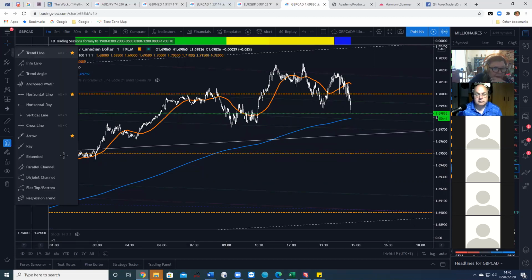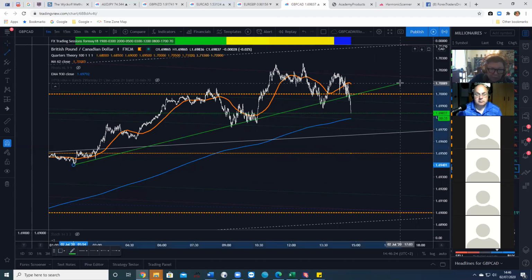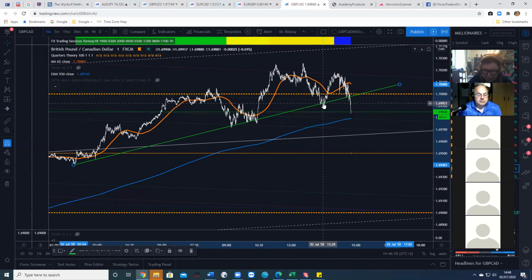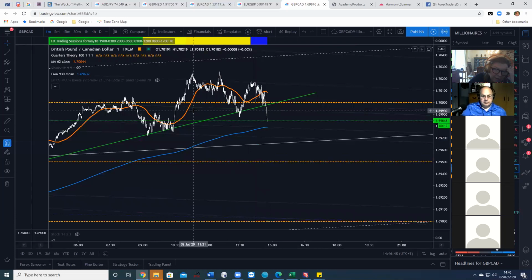If you look at your trend line, I've got a touch there, touches all along here. Bit of slippage there. So the 62 EMA is saying buy. The quarter theory is saying sell. The trend line is broken, so that's saying sell.